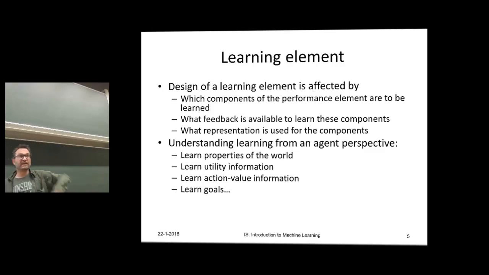Even in this offline case, the questions are relatively generic, always the same type of questions. Which components of the performance elements are to be learned? So what exactly do I want the robot to learn? It should go from place A to B, and it should hoover particularly at the places where there is most dirt. So it's the two things: maneuver from A to B and hoover.